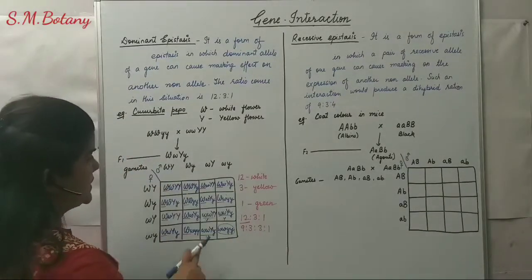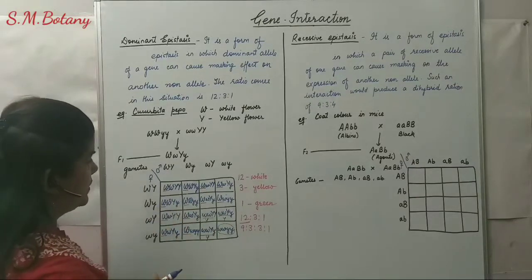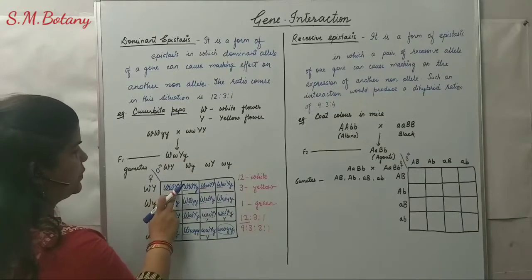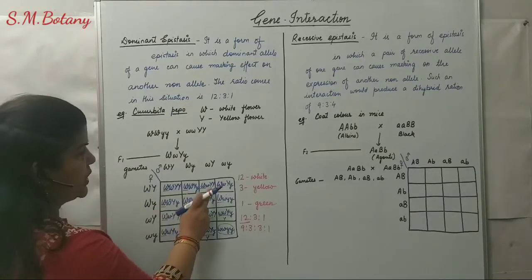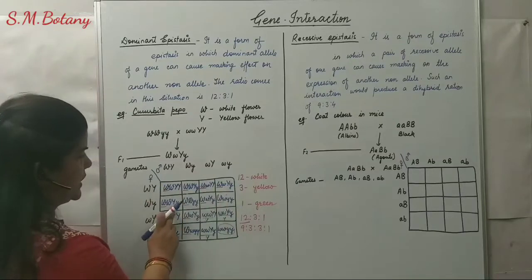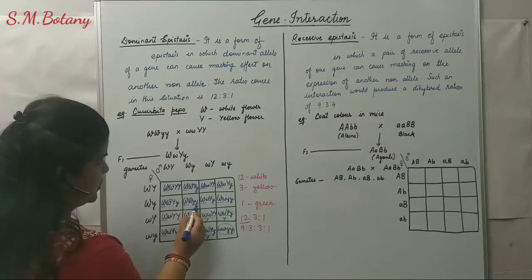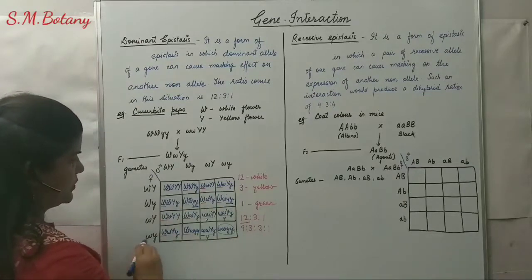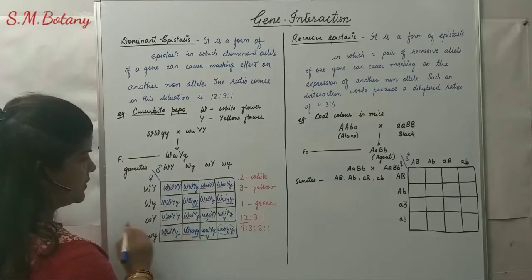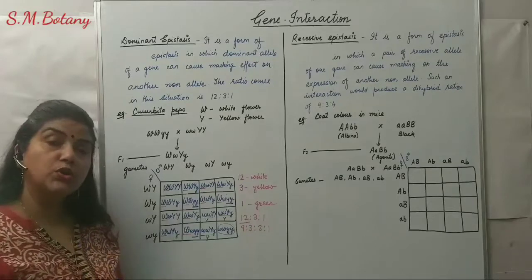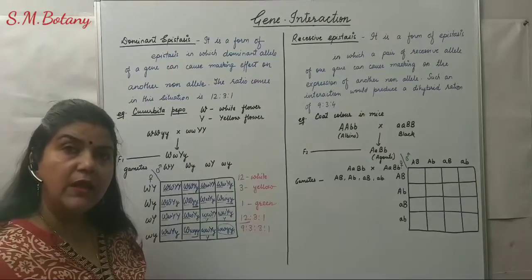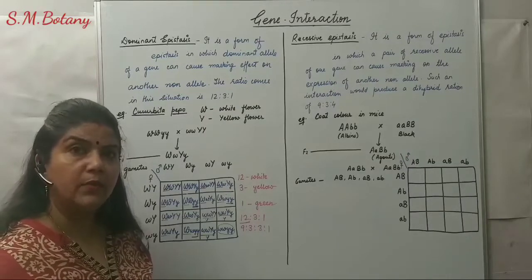Now we again see this checkerboard. Here both the dominant characters are present, meaning capital W, capital Y. Here also, here again, here. 1, 2 and 3. These 3 show only capital W and capital Y is not present in them.